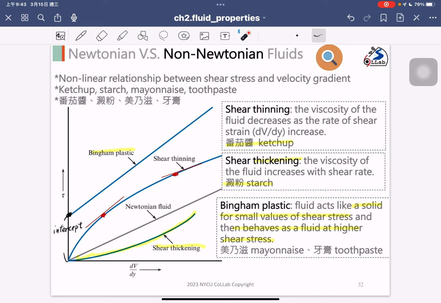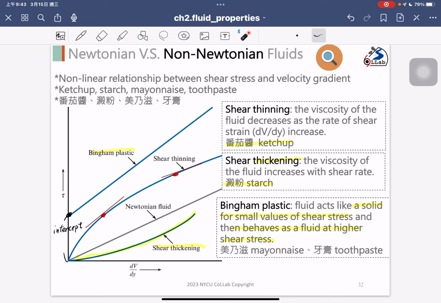Okay, so these figures I put here are very famous. When we interview students applying for a master's degree, we always ask the questions: can you say something about Newtonian and non-Newtonian fluid? How different are they? Do you know the physical meaning of the non-Newtonian fluid?